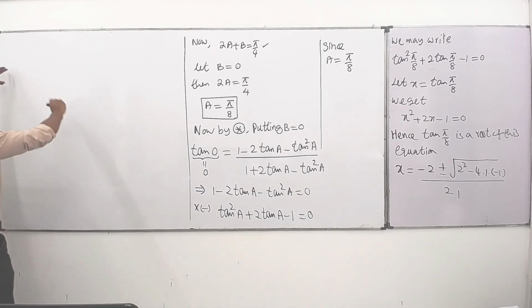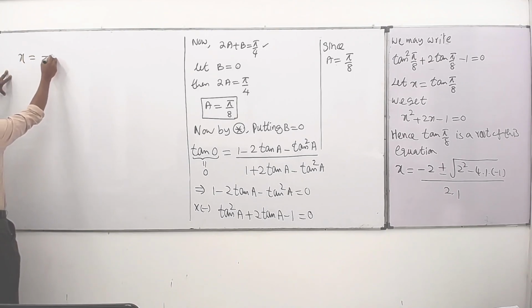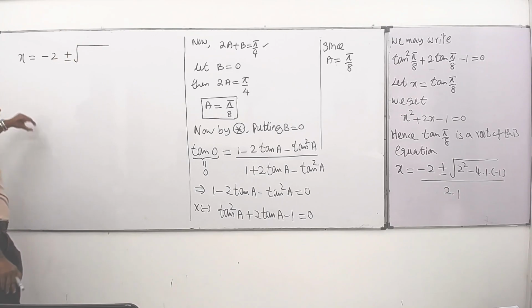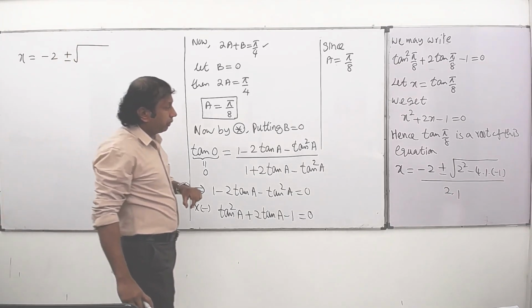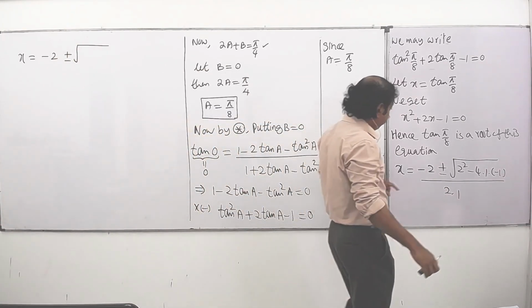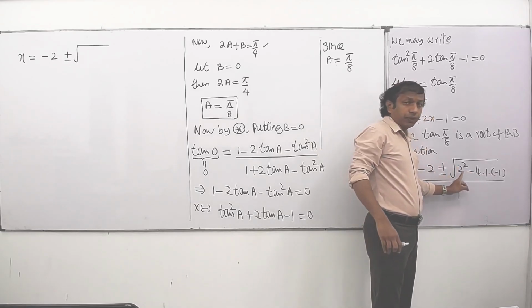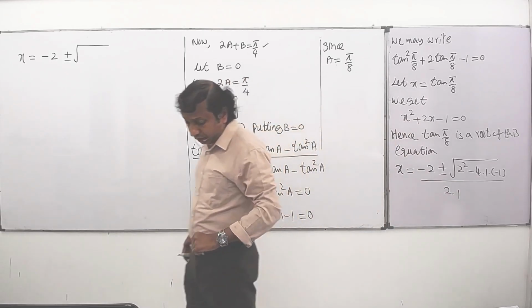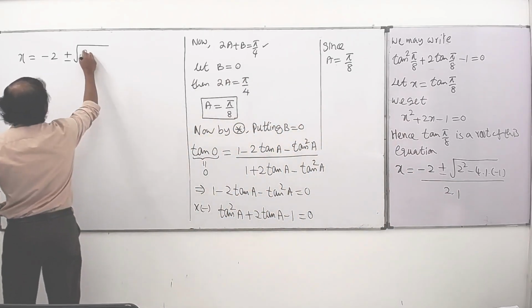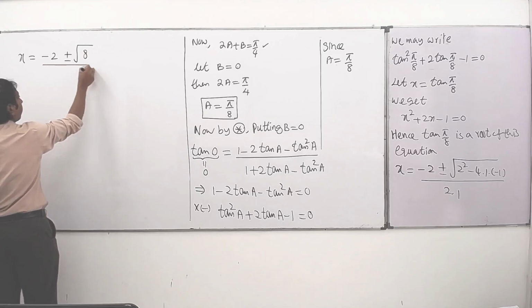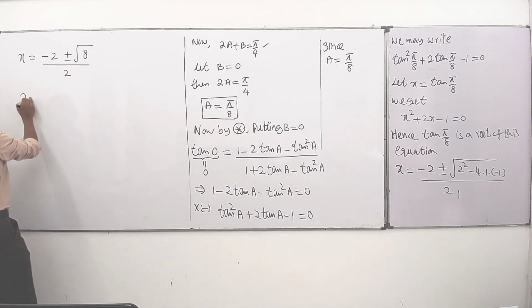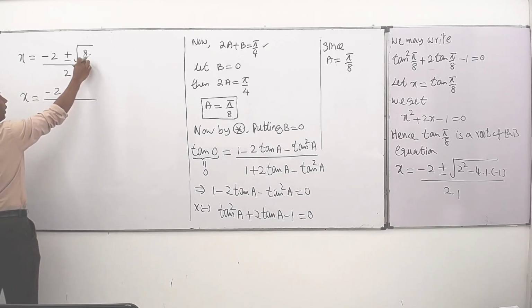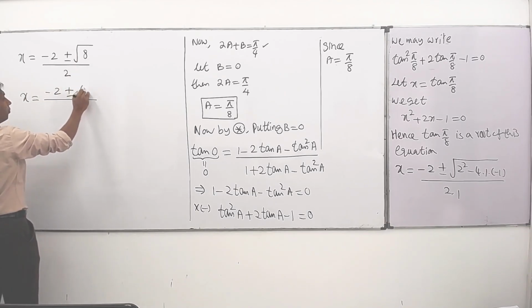We get x equals minus 2 plus or minus square root of 4 plus 4, which is 8, root 8, divided by 2. Minus 2 plus or minus root 8. You can write 8 as 4 into 2, no?